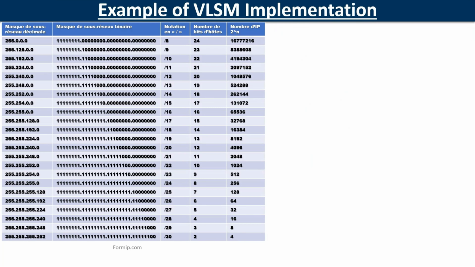Here is a very representative table because it shows the different possibilities that can be done with different subnet masks. The /24 that we see most frequently allows us to have networks of 254 hosts. 256 minus the 2 IPs not usable. That is to say, the network address and the broadcast address.